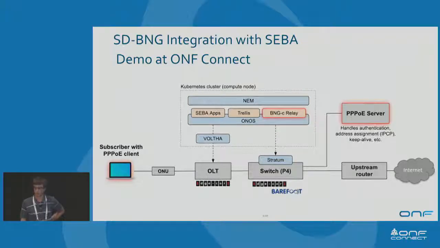The PPPoE server just manages the authentication, address assignment through IPCP, and the keepalive. While all the data plane traffic, so all the traffic generated by the user towards the internet, for example, is managed completely inside the P4 switch, so completely inside the user plane of the BNG.